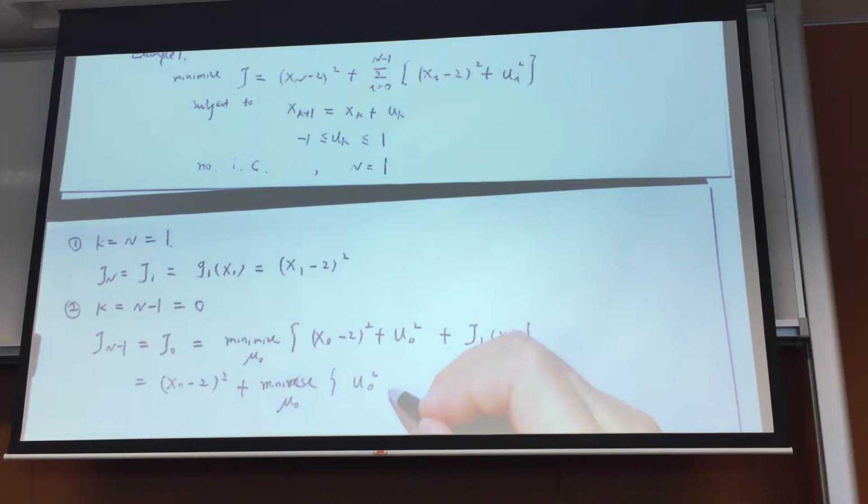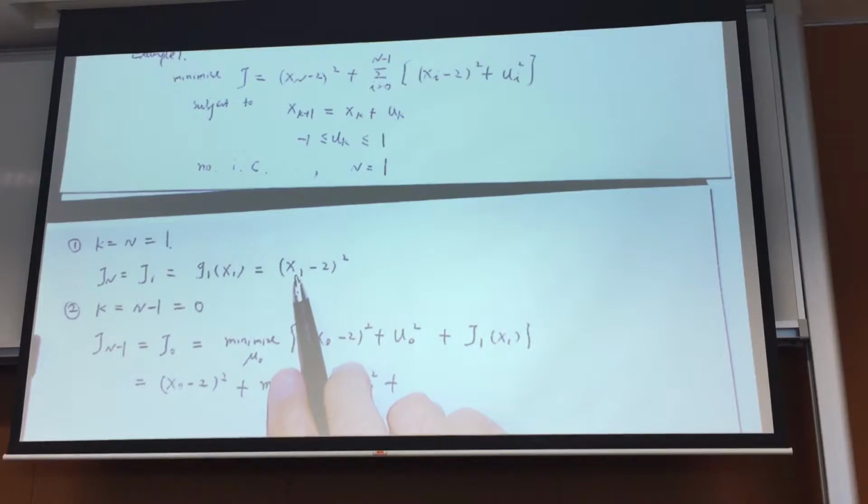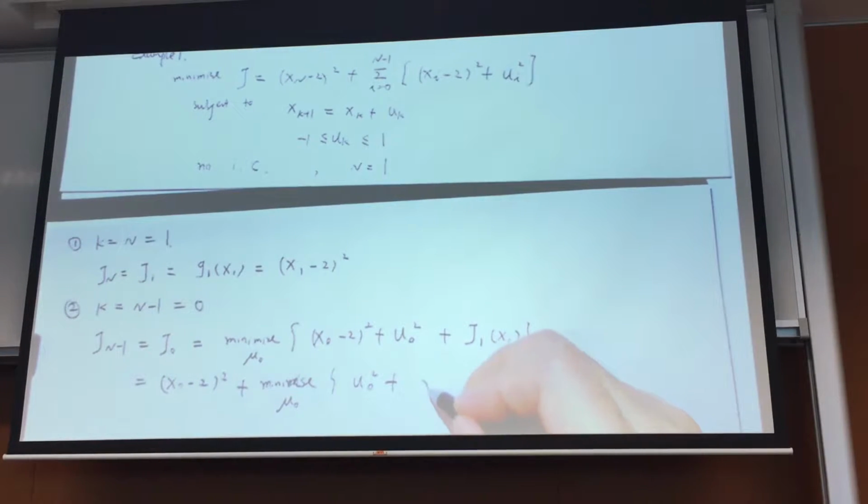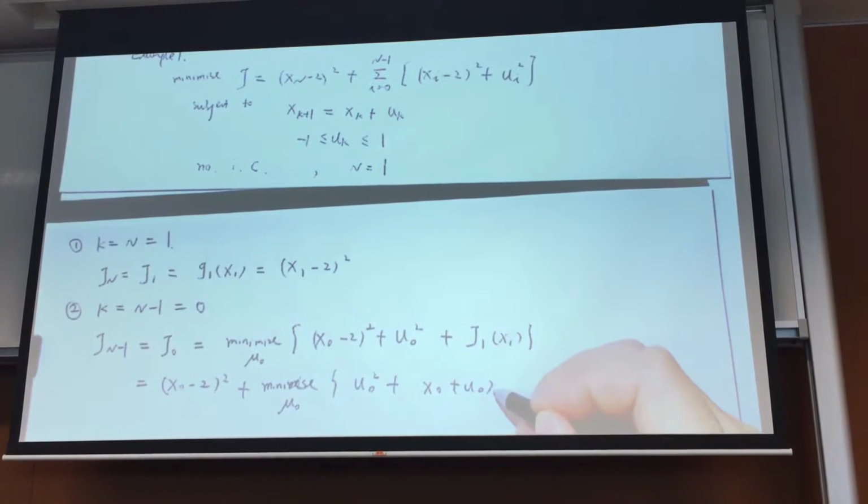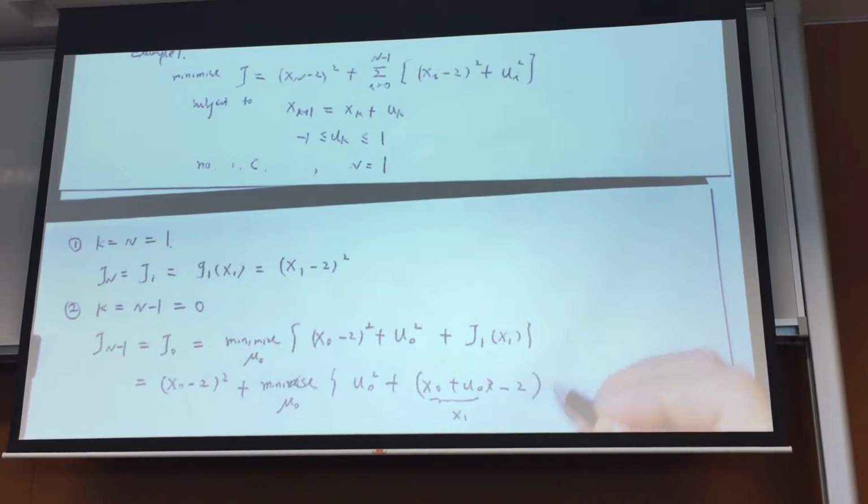So this becomes u0 squared plus (x1 minus 2) squared, where x1 is given by x0 plus u0.